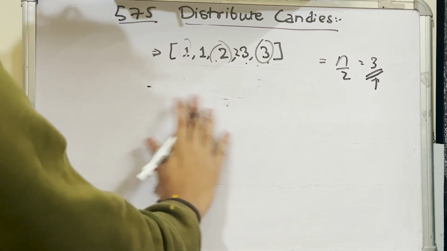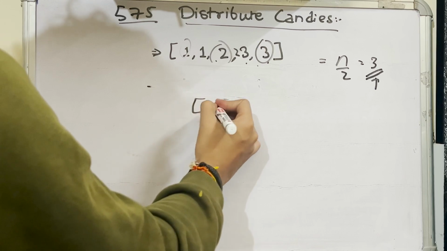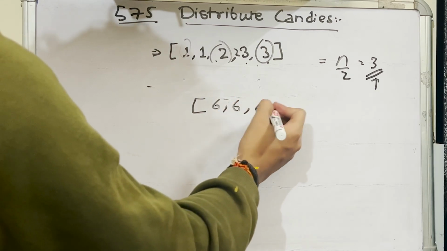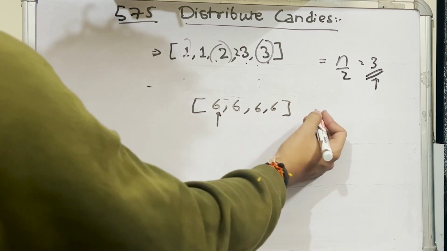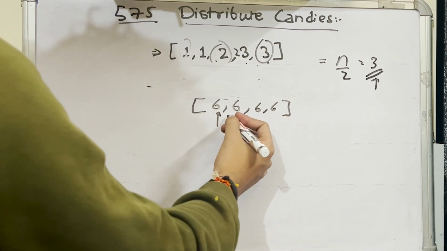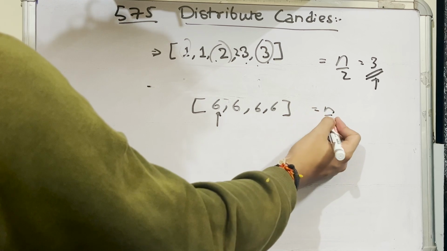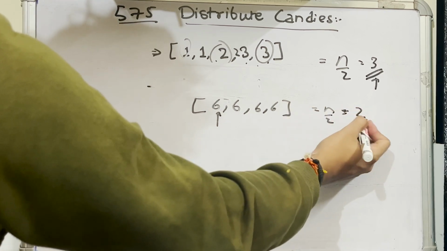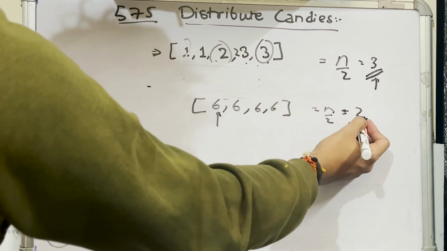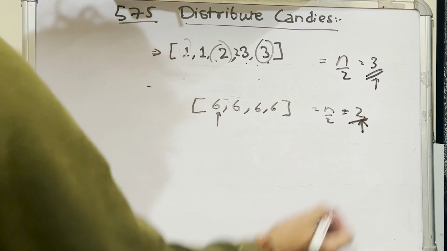Let me give you a different example, like this is your array. This is any type of candy, and the doctor is advising her to eat n by 2, which will be 4 by 2, which equals 2. So she can eat at most 2 candies.